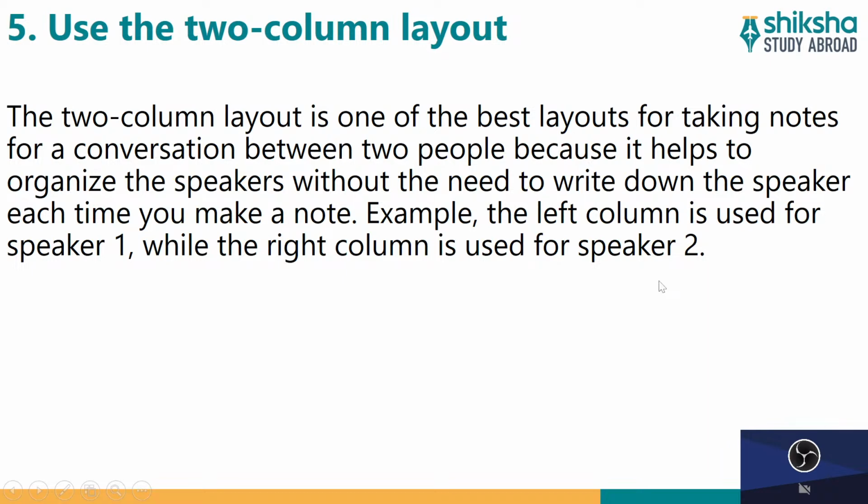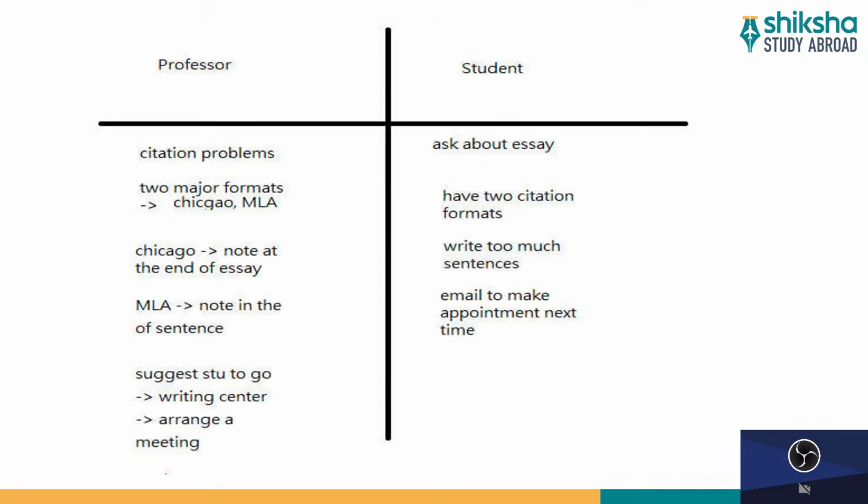So you can make two columns, separating what the two speakers are talking about. The context they are discussing, or the conversation going on between the two people, you can describe in those two columns. That will make it easier for you to come back to those same notes later and write down your correct answer, whatever you need as an answer.